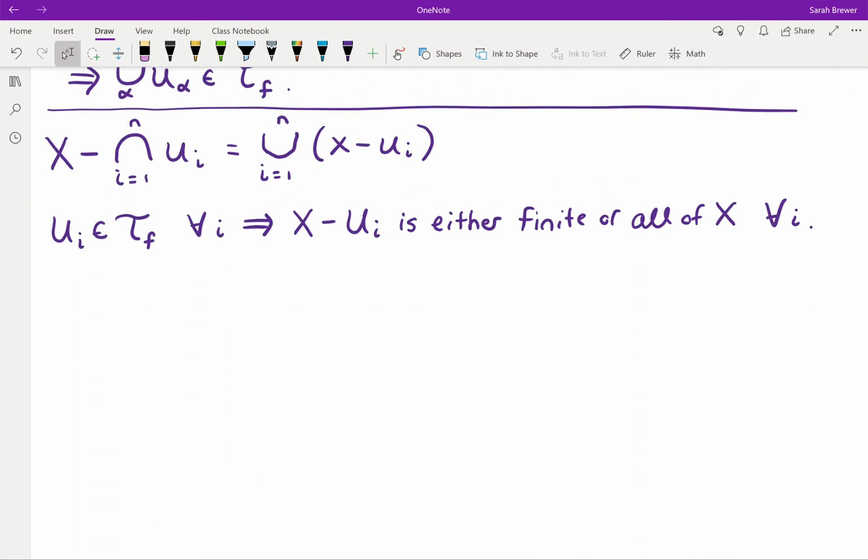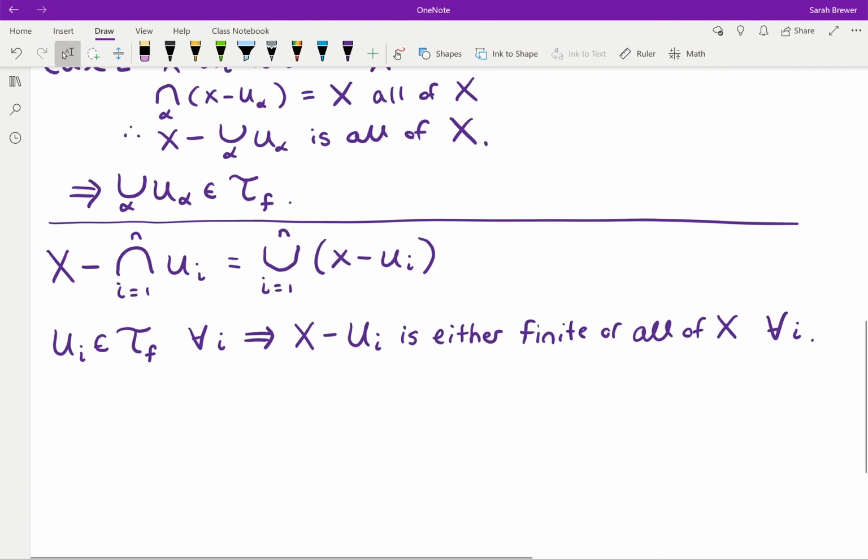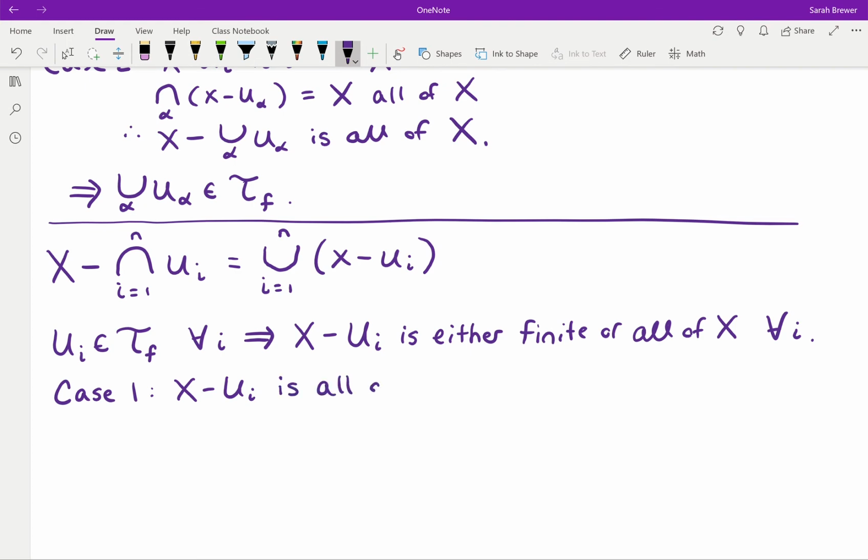And actually this time, let's do sort of the trivial one first. So I'm going to say case 1 is that X minus U sub i is all of X for at least one i, right?